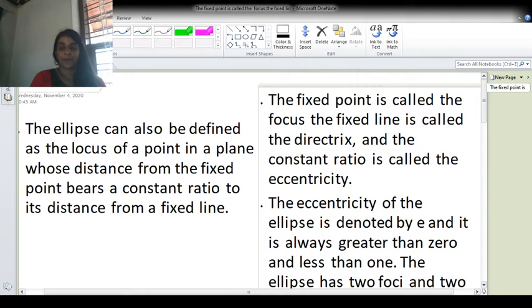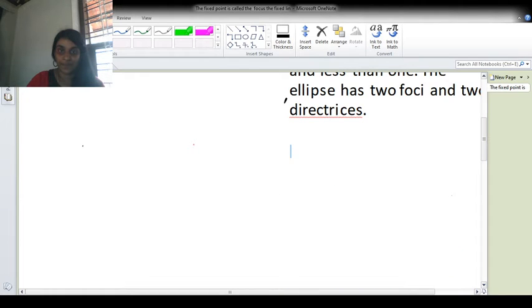Next, I will explain an alternative definition of an ellipse. First of all, I will explain focus, center, major axis, minor axis, vertices and co-vertices.